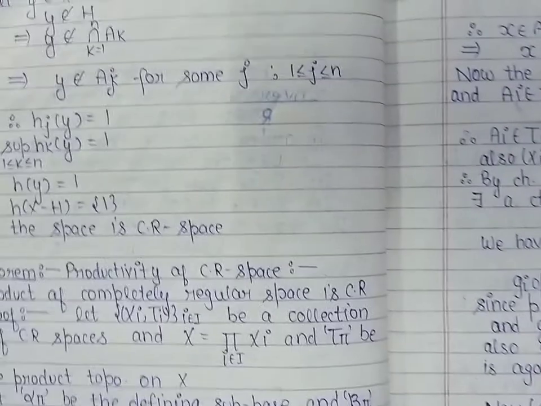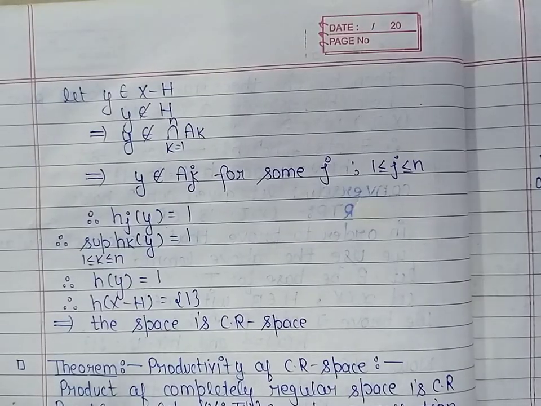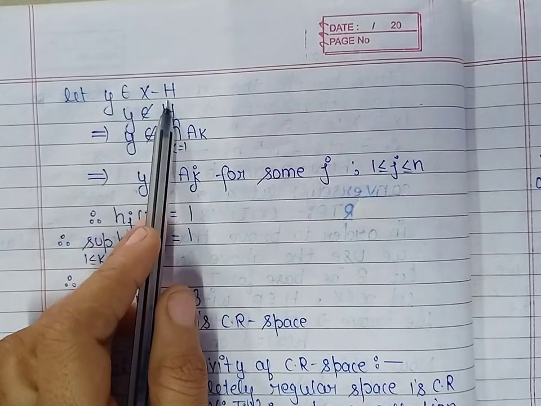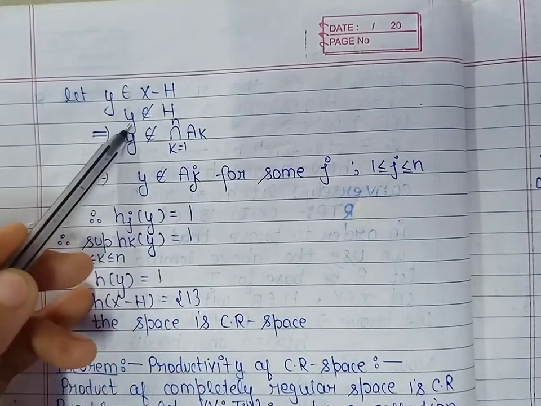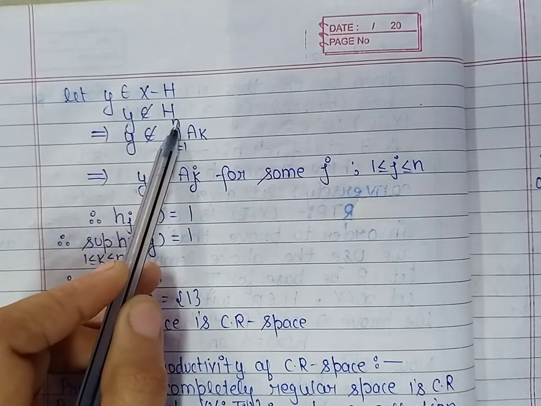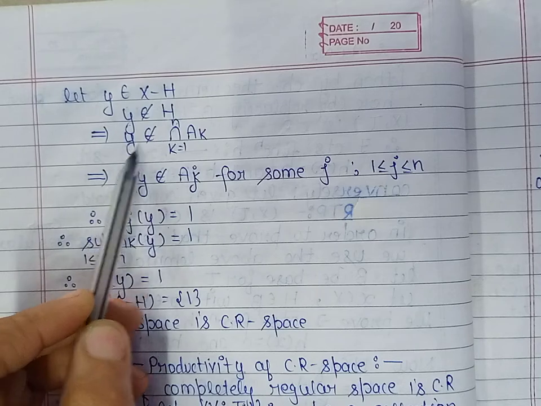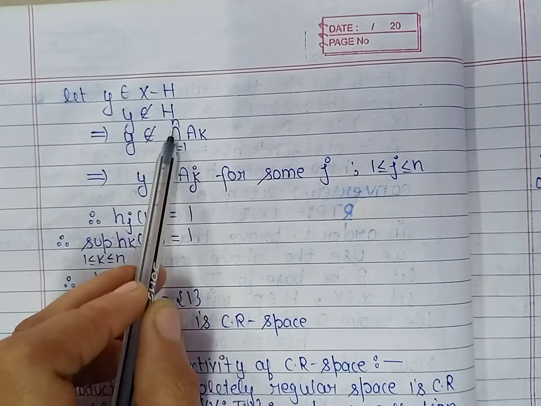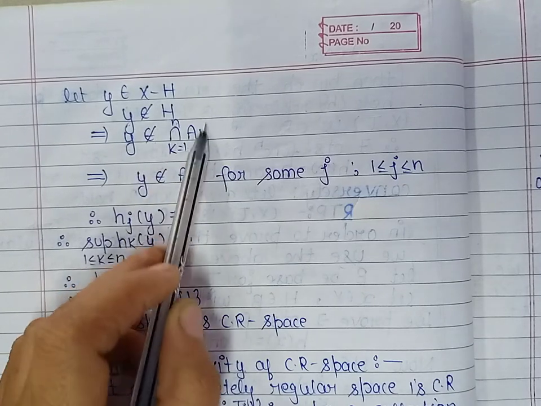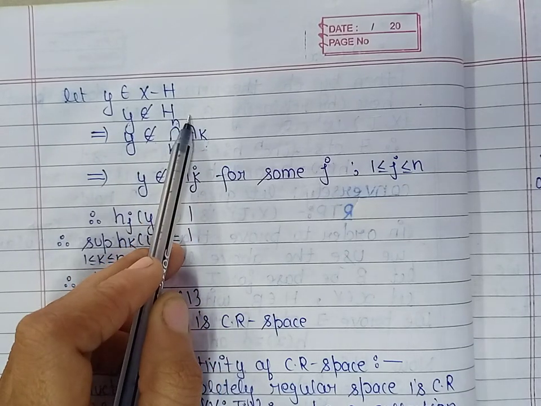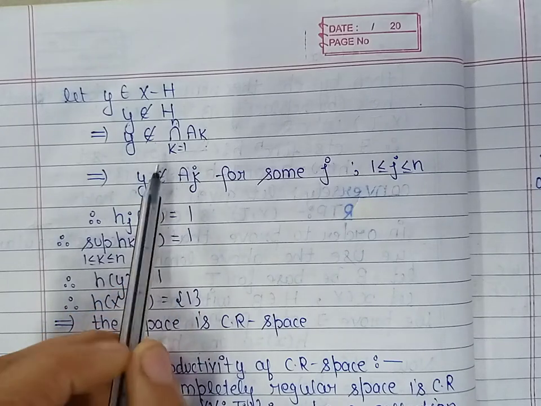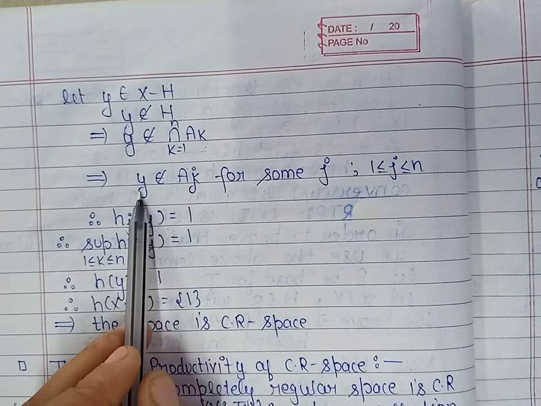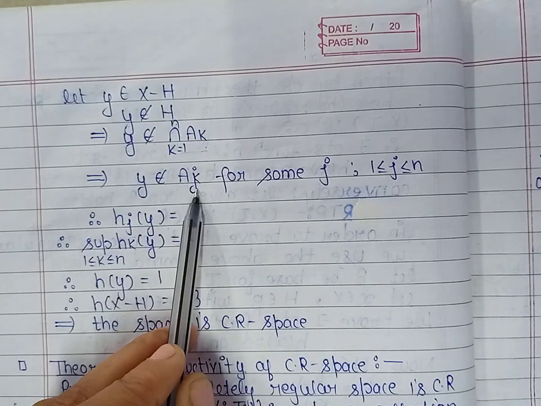Now let us find the image of the complement of H. Let us take y belonging to the complement of H. It means y does not belong to H. Y does not belong to H means y does not belong to the intersection of the A_k's, where k varies from 1 to n. Because y does not belong to the intersection, there will exist some member out of A_1, A_2, A_3 up to A_n such that y does not belong to that member.